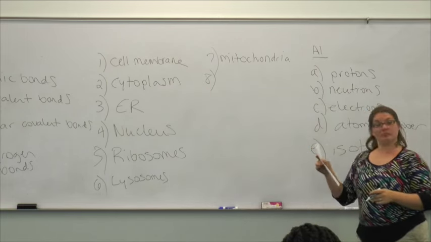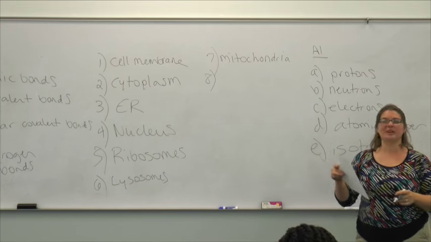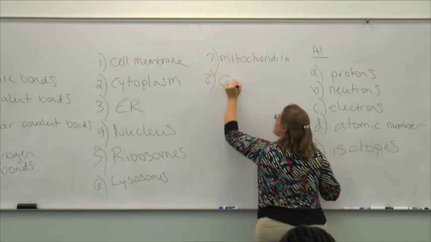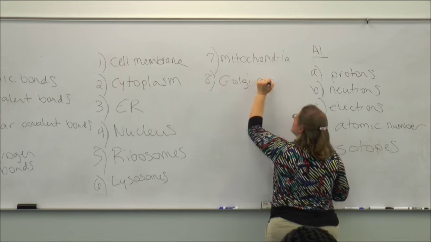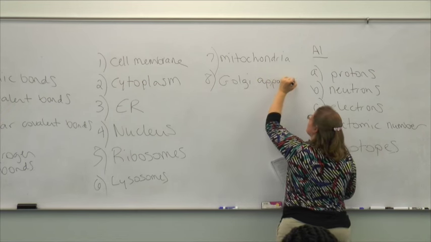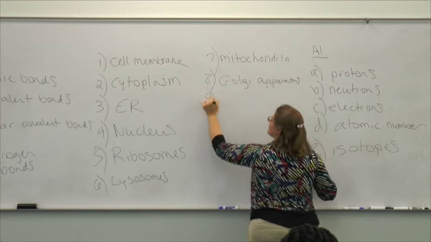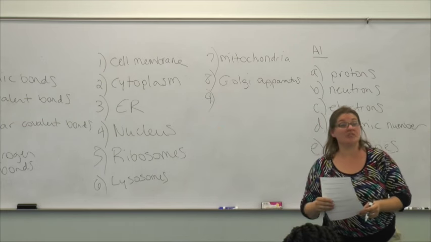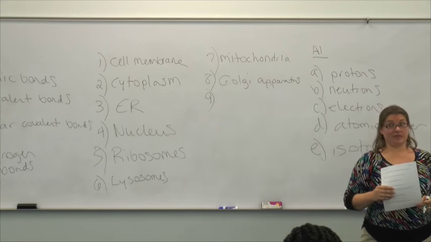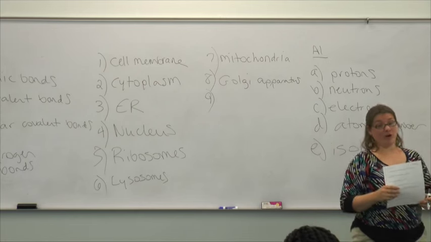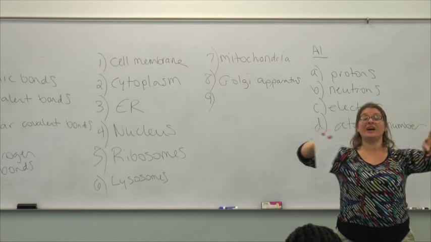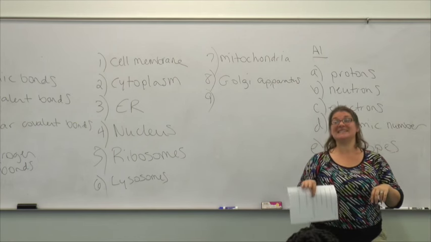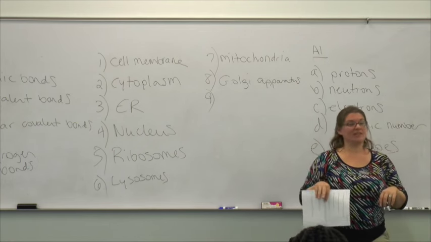Number 8, packages and secretes the products of the cell. Golgi. You guys are all so quick on that Golgi apparatus. Golgi apparatus. Number 9, involved in cell division in animal cells. Well, they are involved, but specifically what is needed to divide the chromosomes. It's called centrosomes.